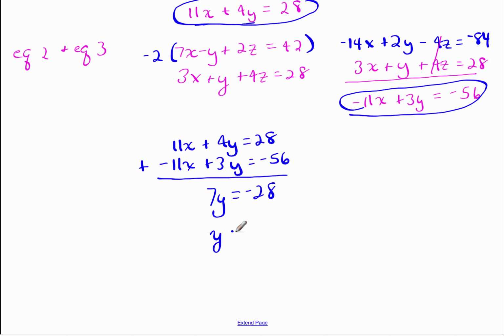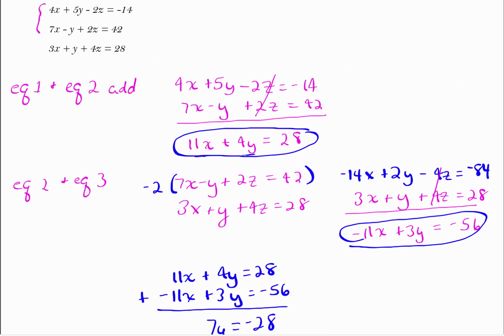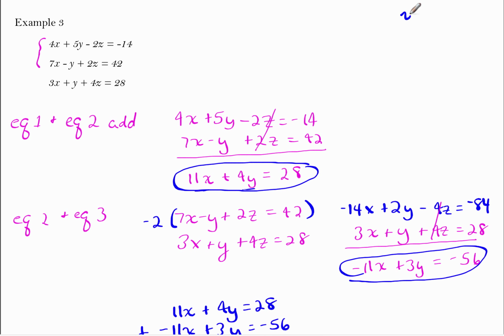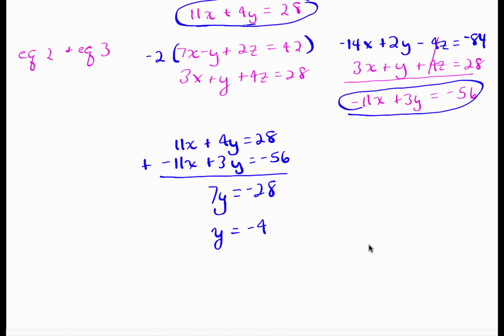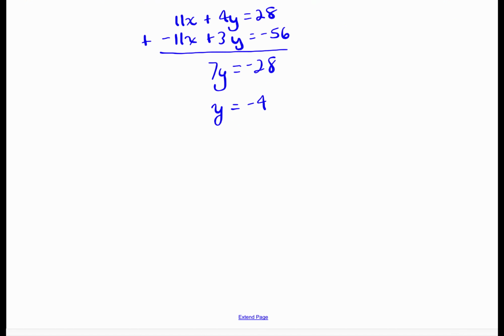So y equals negative 4. Awesome! I'm just going to write that up here so I don't lose it. y equals negative 4. Well, now I am going to just go back down to here. And I'm just going to plug y equals negative 4 back into this equation to help me find x.